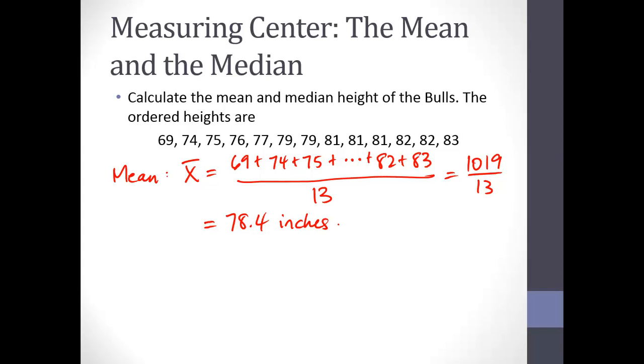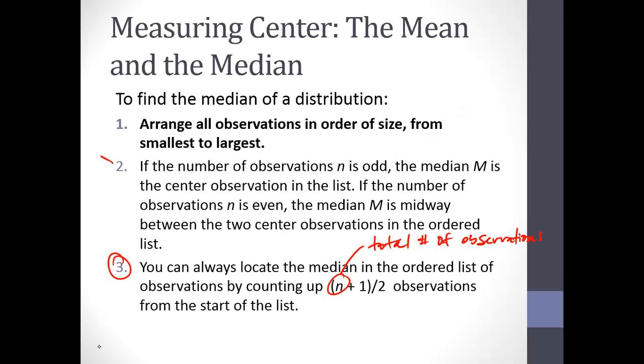So now let's also calculate the median, so we can practice doing that. And again, we're going to use that third bullet point there. We take our number of observations, add 1 to it, and divide by 2 to give us the position where the median is.